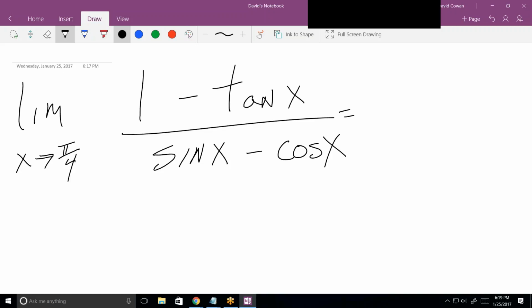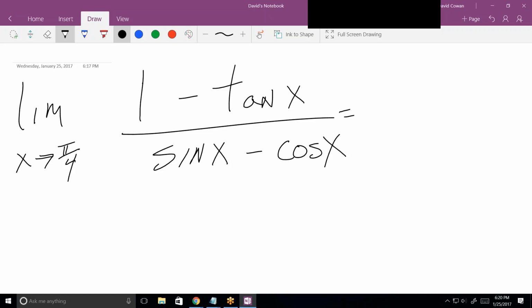So, can we pull it apart? Well, I can't separate it into the two fractions you might think I could. It's not 1 over sine x plus tan x over cosine x.